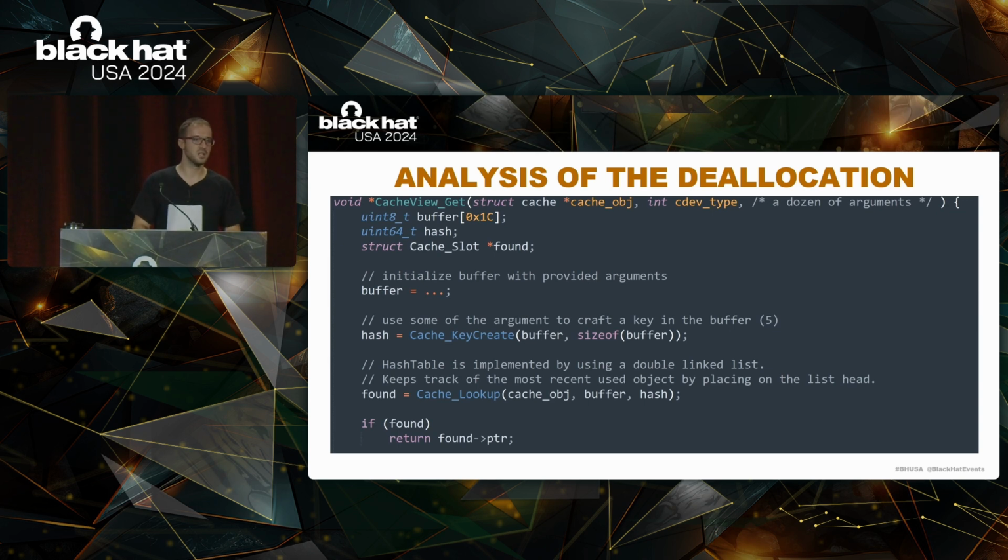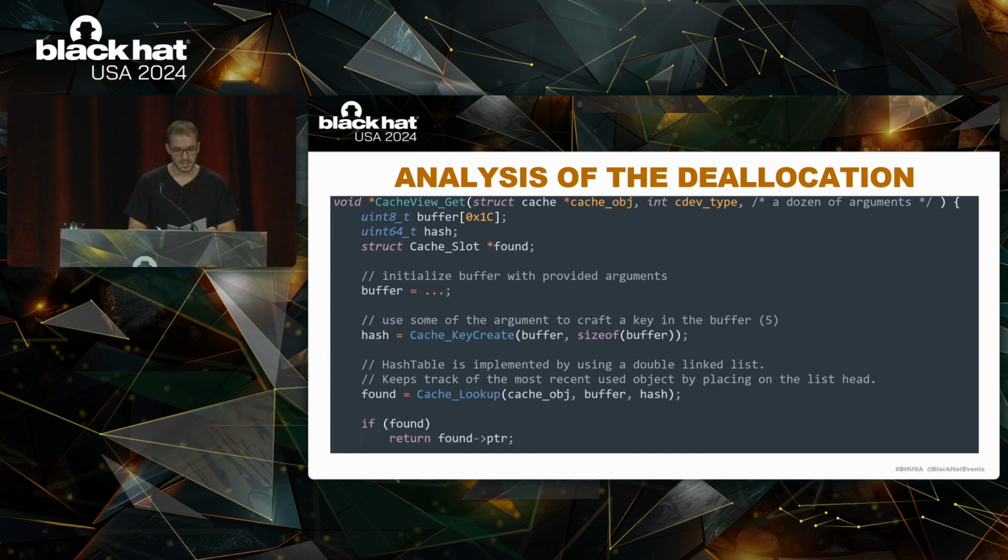Immediately I started reverse engineering VMware in order to understand the root cause of the problem. And eventually I ended up in this cast view get function. This function takes a lot of input, and it uses that input to craft a buffer and pass it into a function called key create.